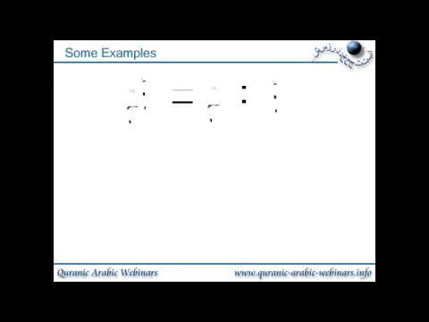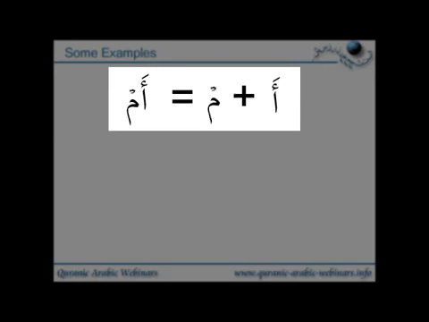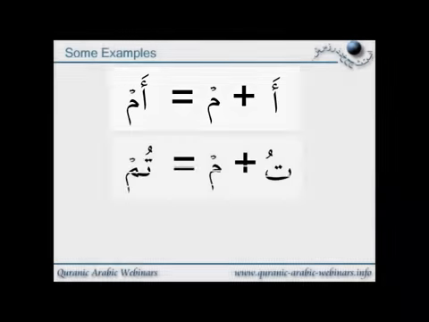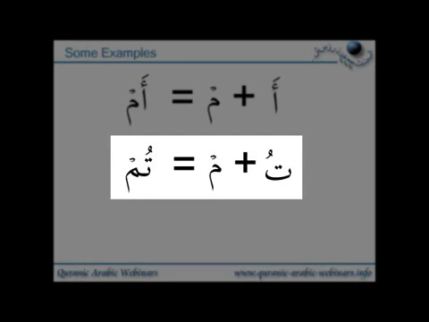Some examples. Here we have the hamza on the alif with fatha giving the sound of a, with the meme again with sukoon giving the sound of am. Here we have ta with the dhamma giving the sound tu, with a meme with sukoon giving the sound of tum.